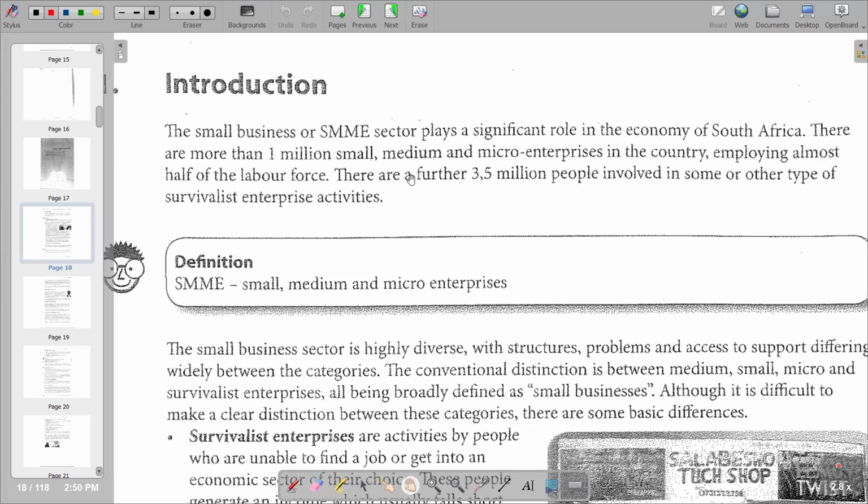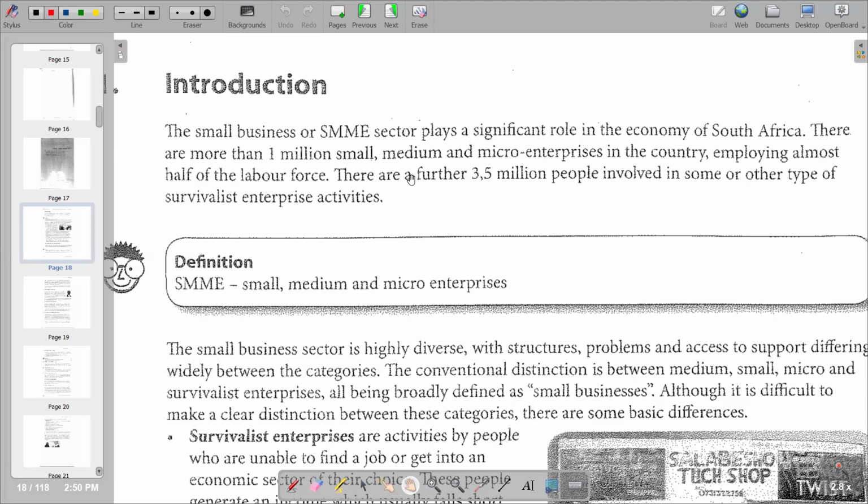So we are saying the greater proportion, again, in terms of the employment population we have in the economy, almost half of the labor force are part of the small businesses. So basically, that explains it all.